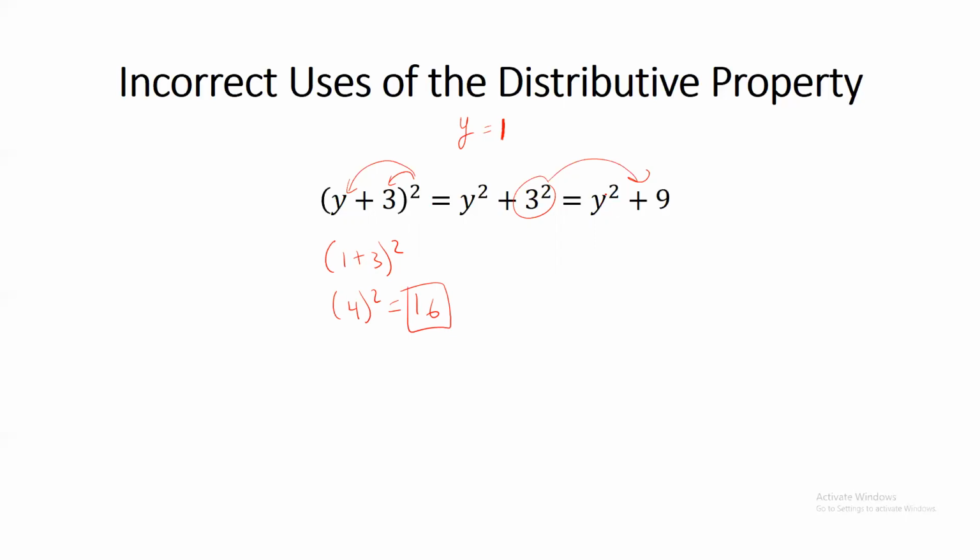While on the other side, if y equals 1, I have 1 squared plus 9. 1 squared is 1, plus 9 is 10. These expressions are not equal, and so you can see that the distribution was not done correctly.